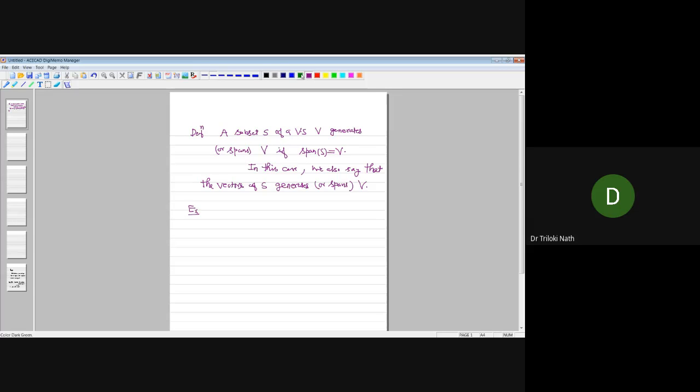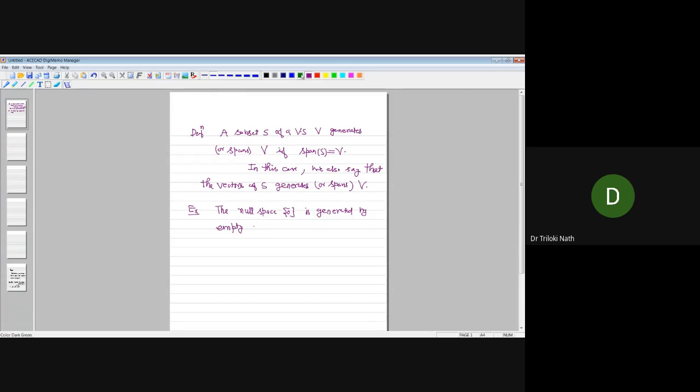So let us look at examples. Look at the first example, the null space 0. It is a subspace, of course. The null space 0 is generated by which set? Of course, the empty set.